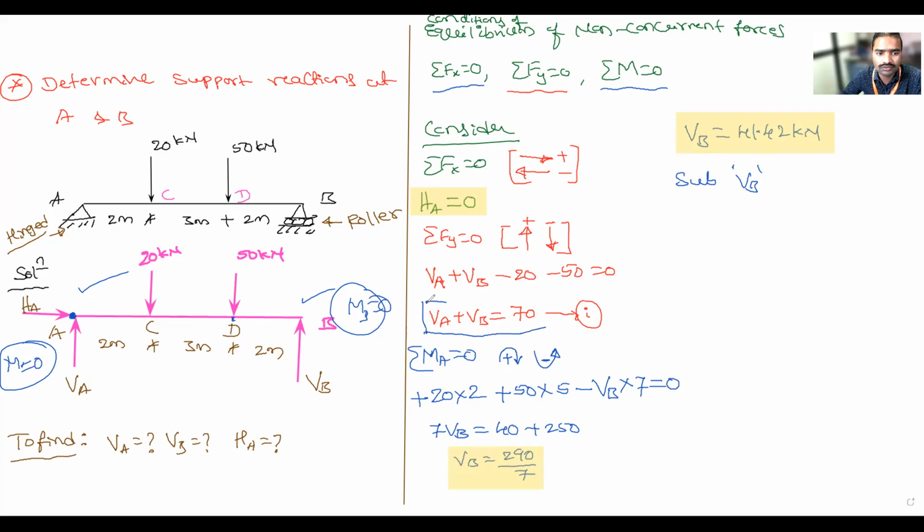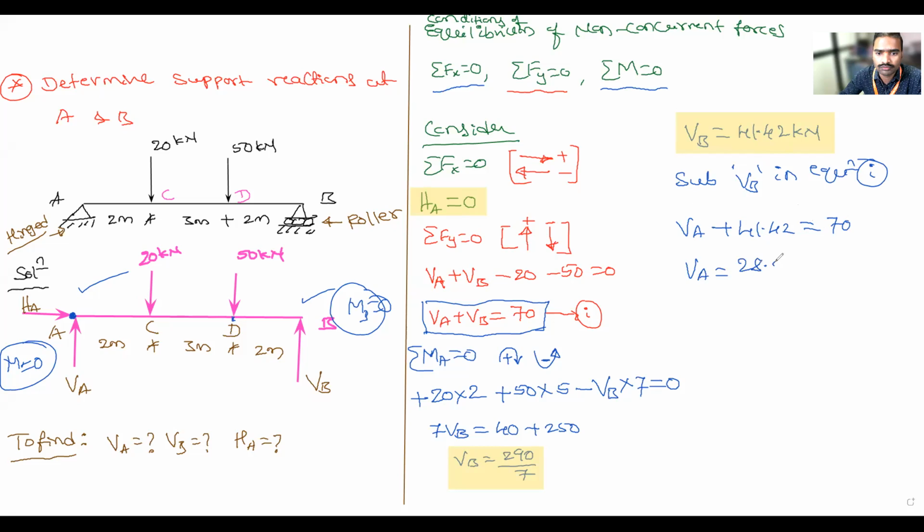Substitute VB in equation 1. VA is as it is, plus the VB value 41.42 is equal to 70 kilonewton. So calculate VA.